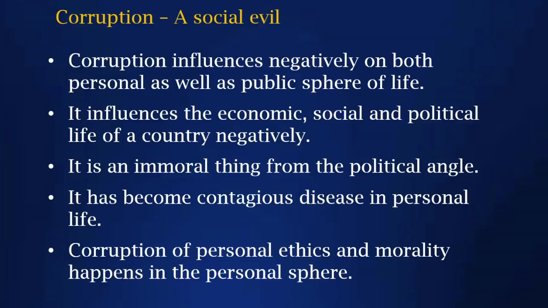Corruption of personal ethics and morality happens in the personal sphere. So what we can understand by corruption is a corruption in personal ethics, personal morals and morality which happens in the personal sphere. So corruption therefore is a social evil.